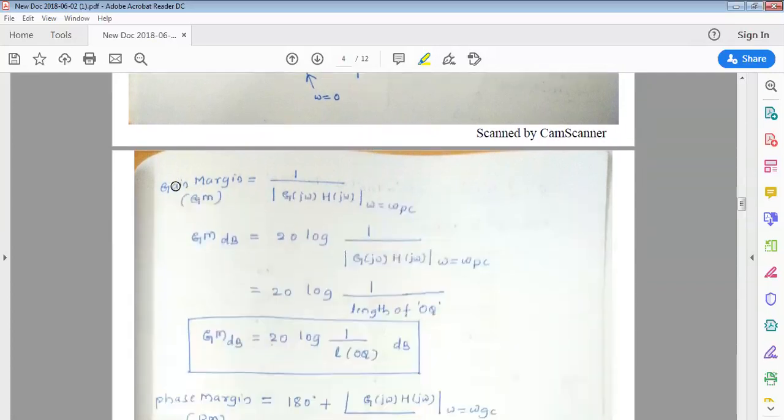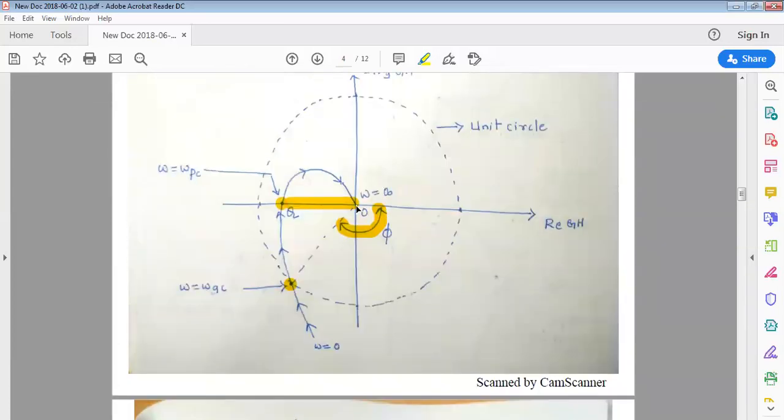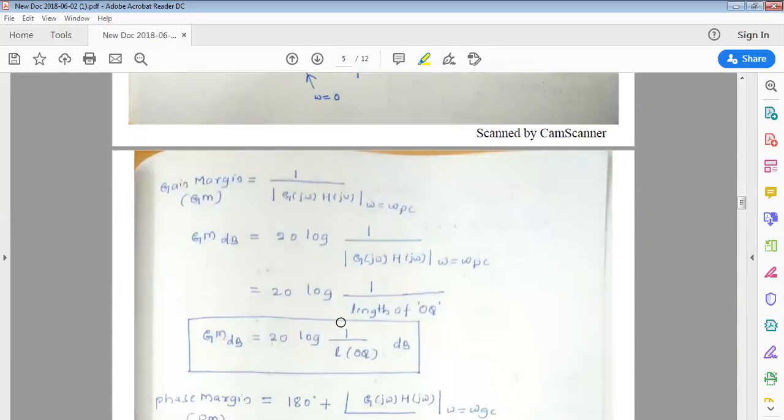To find gain margin in terms of dB, we write gain margin equal to 20 log of 1 divided by the magnitude of G of j omega H of j omega at omega equal to omega PC, right? That is the length of OQ. So gain margin in dB is equal to 20 log 1 by the length of OQ. This is available in the tabulation, right?